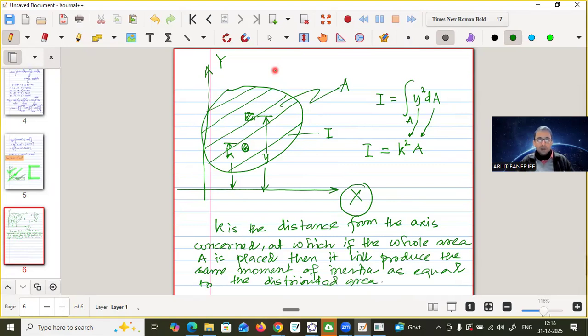What is the meaning? This is the moment of inertia for the distributed area, and this is the moment of inertia for the area which is assumed to be concentrated at a distance k from the axis. If these two are the same, then this distance k is known as the radius of gyration.